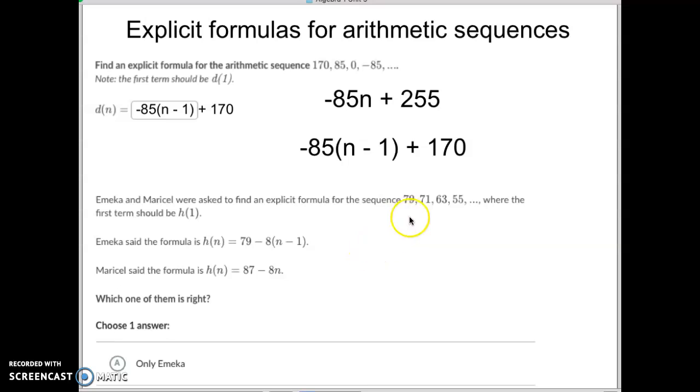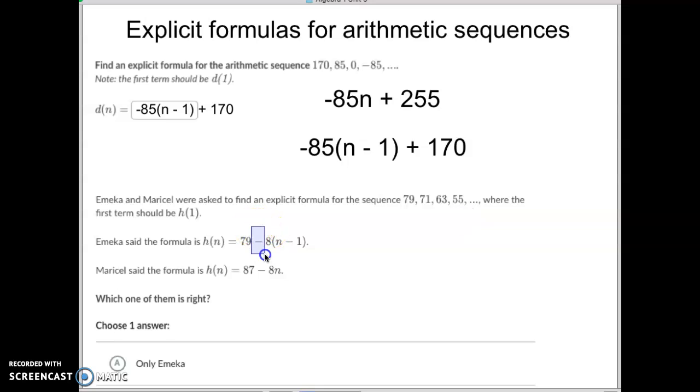Now we've got this one. If you take a look, my first term on this one is 79. You'll notice that Amika put the 79 on this side instead of on this side. That doesn't matter. So it could have been on this side. It could have been a plus 79 on this side. You will notice that each time this is going down 8 each time.